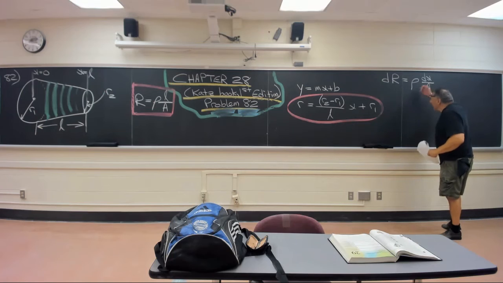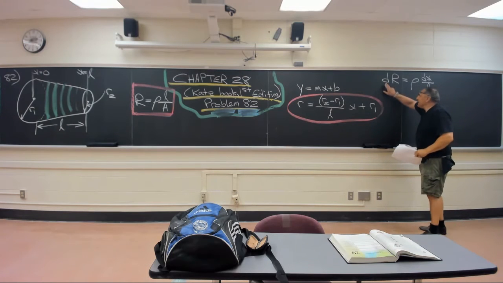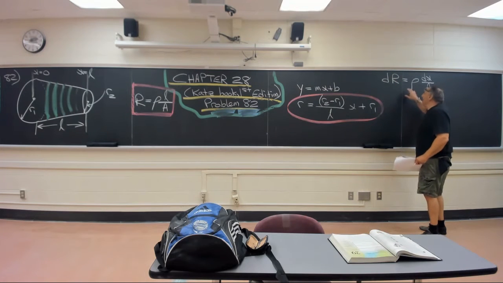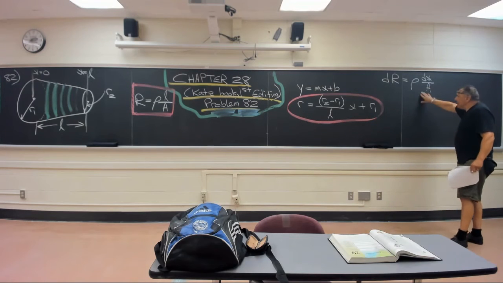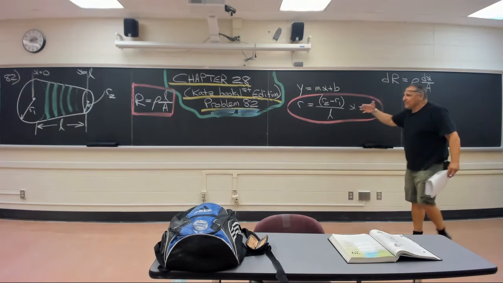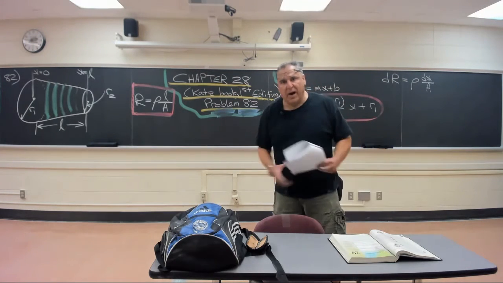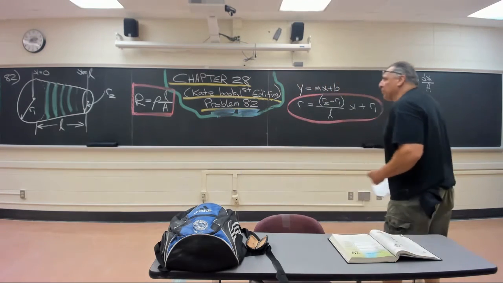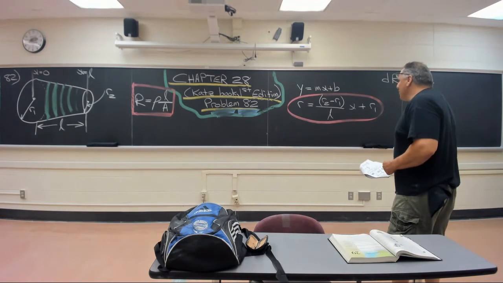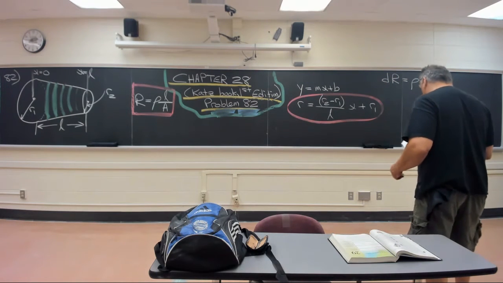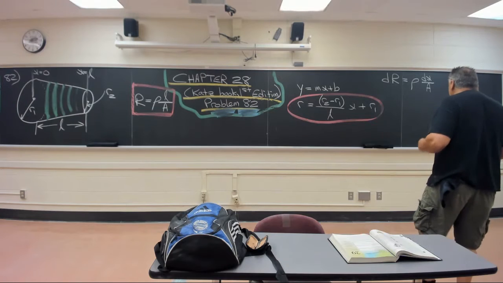There's a place in the notes where I'm about to do the integral, and I just had R equals this. Well, this does equal some kind of resistance, but it's a differential resistance. So just watch out for that. There should be a dR somewhere else later on. But if you walk through the proof of how we did it, you should not have a problem. It's pretty straightforward. But this is what's going to do it.